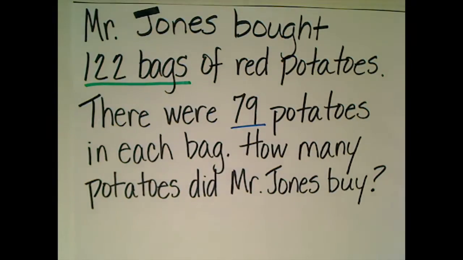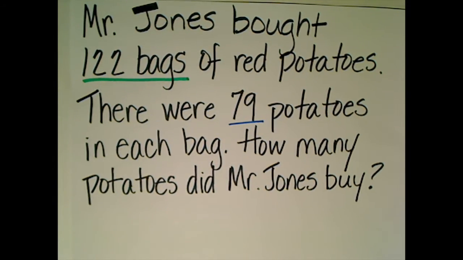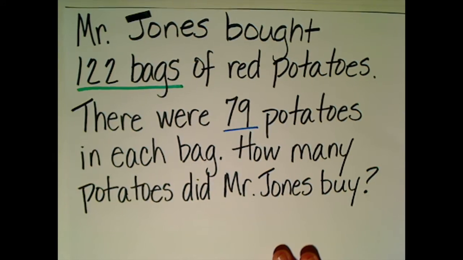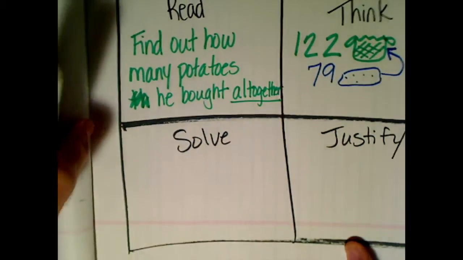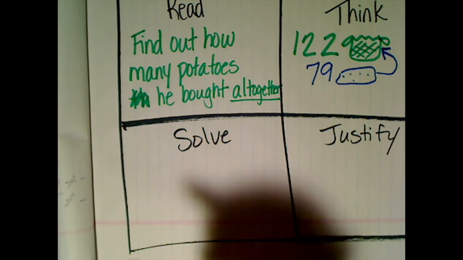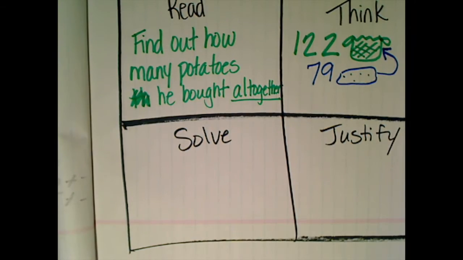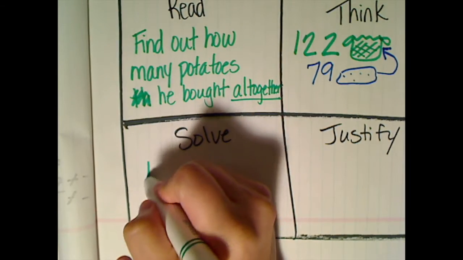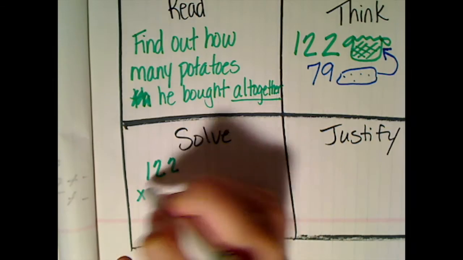So how many potatoes did Mr. Jones buy? So how would we solve for that? Which is the next step in our problem solving board? That looks like 122 times 79.